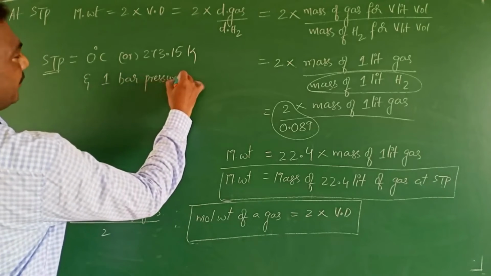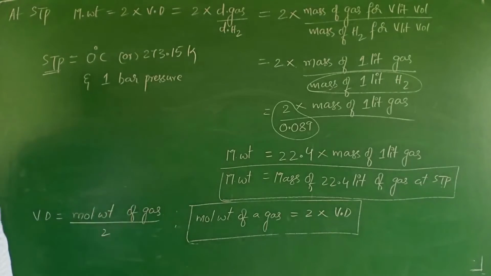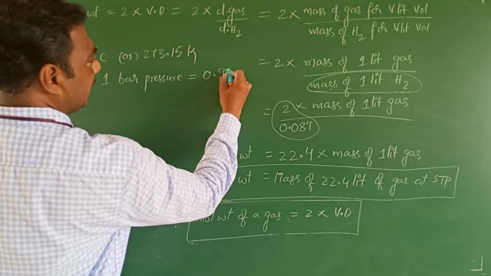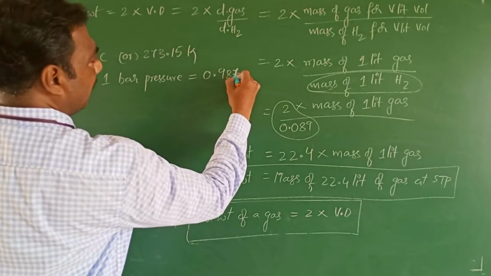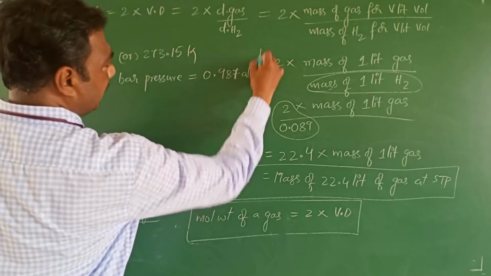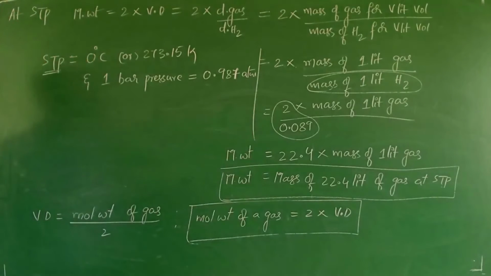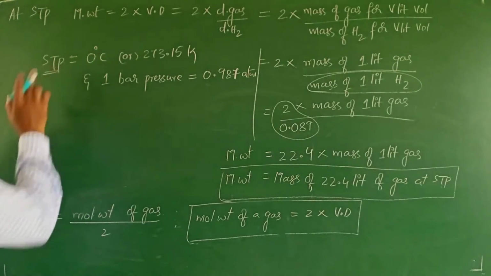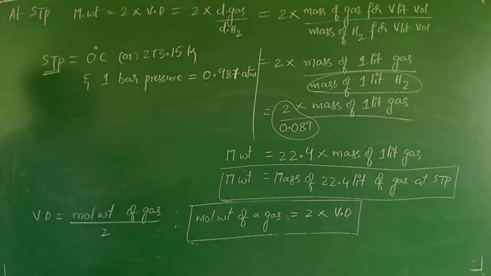You call it STP. The conversion factor for 1 bar: 1 bar is nothing but 0.987 atmosphere. These are the temperature and pressure for STP, standard temperature and pressure.